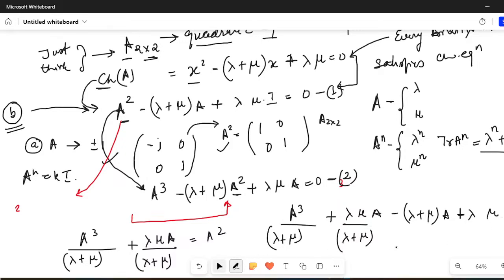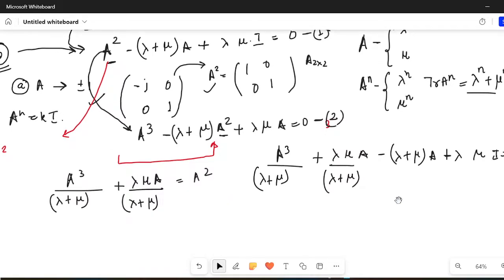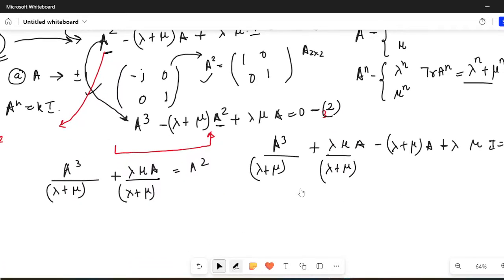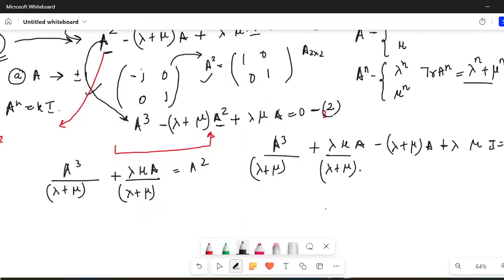I hope it is clear. Now what will happen? See, if this is the case, just try to take this lambda plus mu on both of the sides. What will you get? There is some issue with the question.